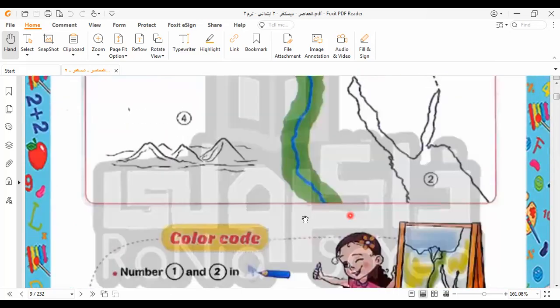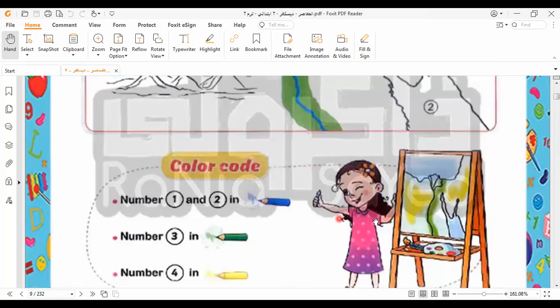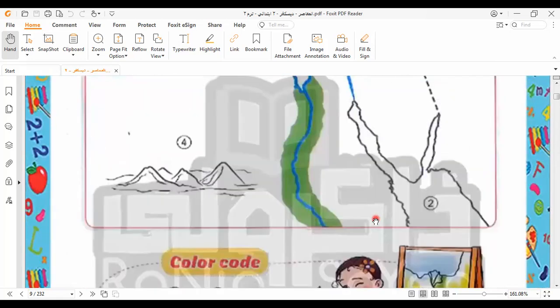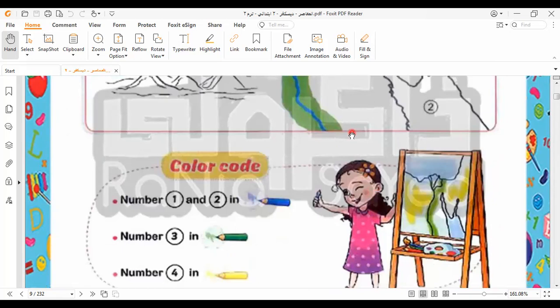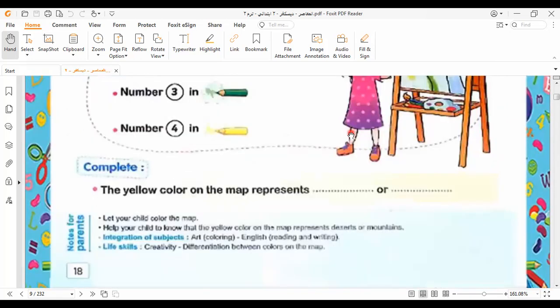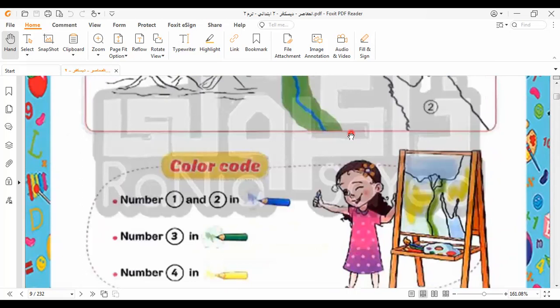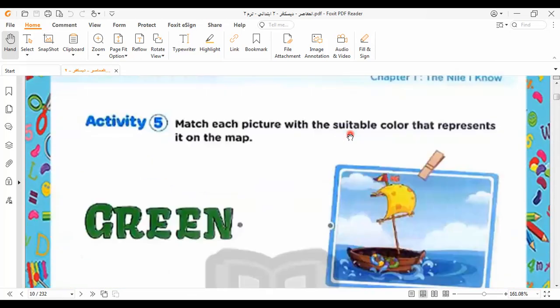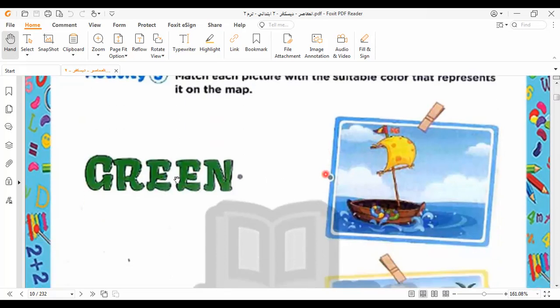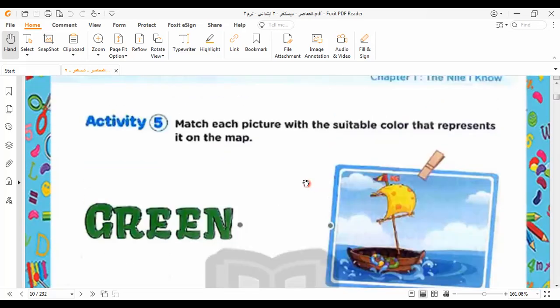We use colors to express places, like mountains colored in brown, water colored in blue, and farmland colored in green. We do this as an exercise activity. Do it by yourself. Okay. In this activity, we have colors and we match the suitable picture with this word, with this color.